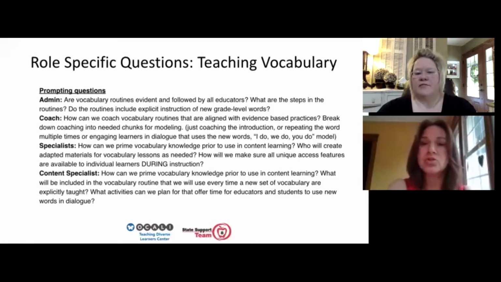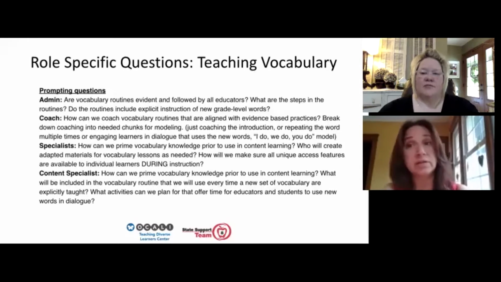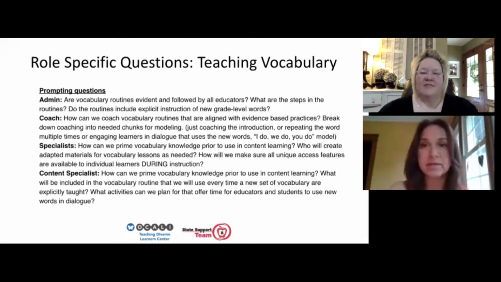How will you make sure that all the unique features are available from what you create or assistive technology or any of those things for individual learners during instruction, not just for practice, but that these access features are available to them throughout instruction and assessment.